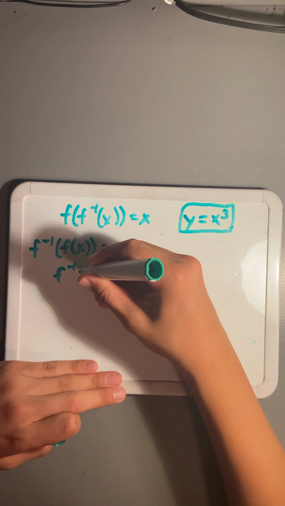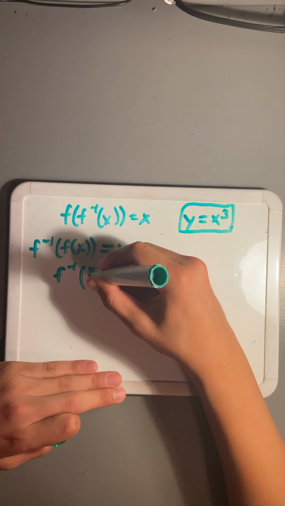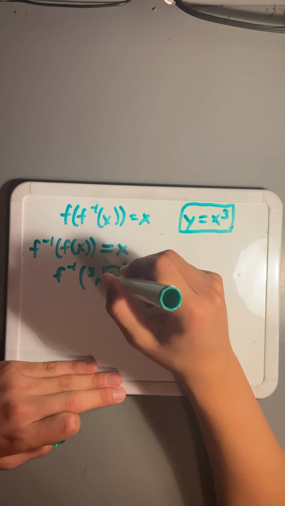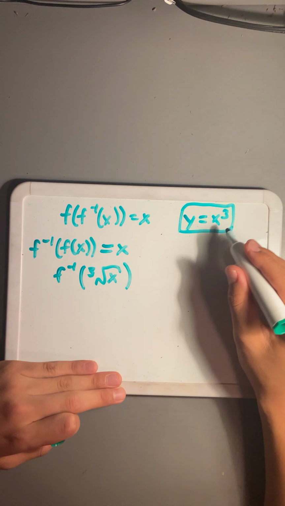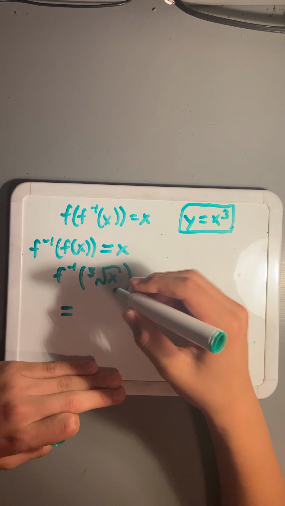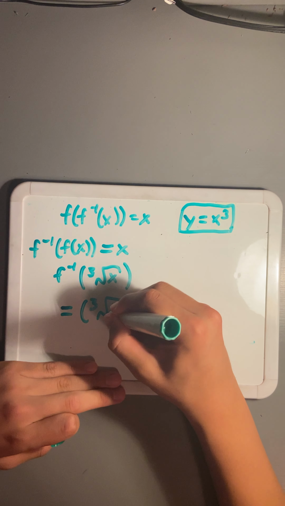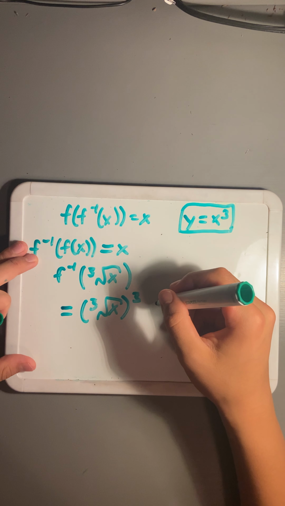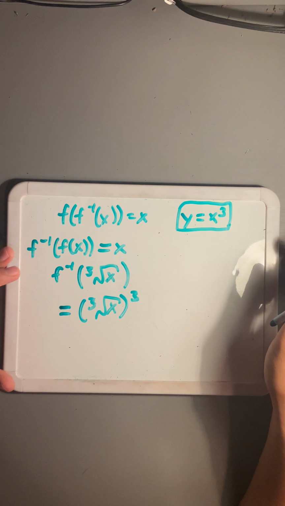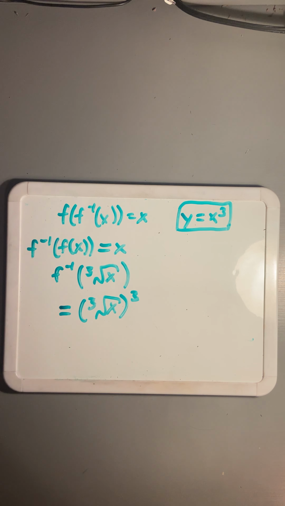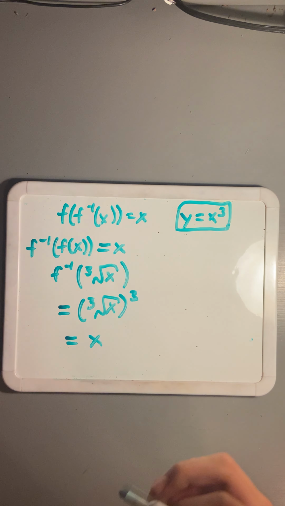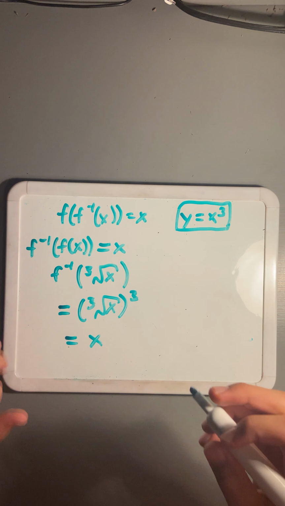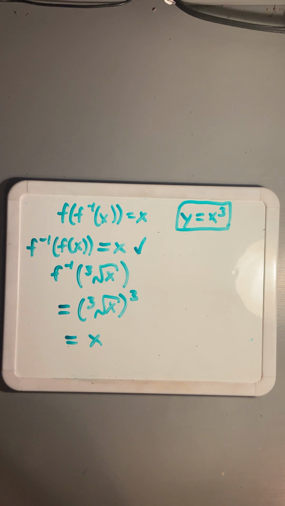So the inverse of f of x, which is originally cube root of x, is basically you put this into x here, so this becomes the cube root of x cubed. Because you're already doing a cube root and then you cube it, then pretty much the cubes cancel. So this becomes x. Okay, so this one works.